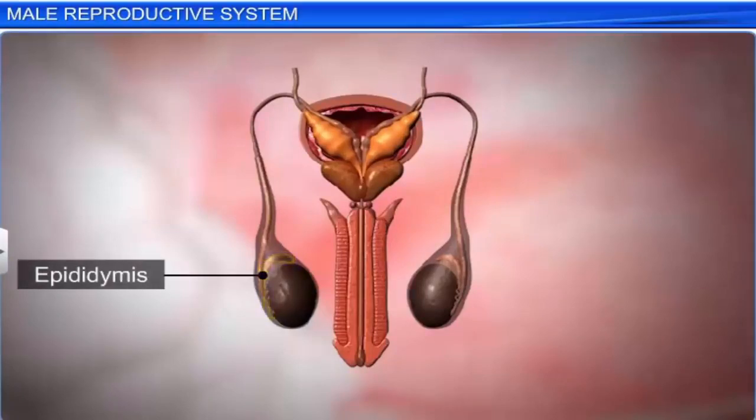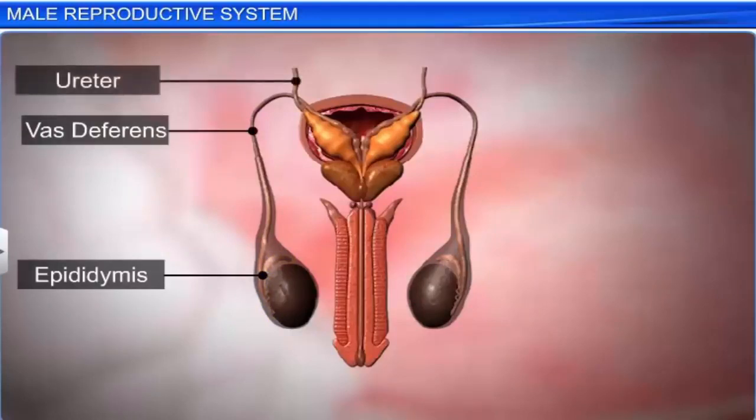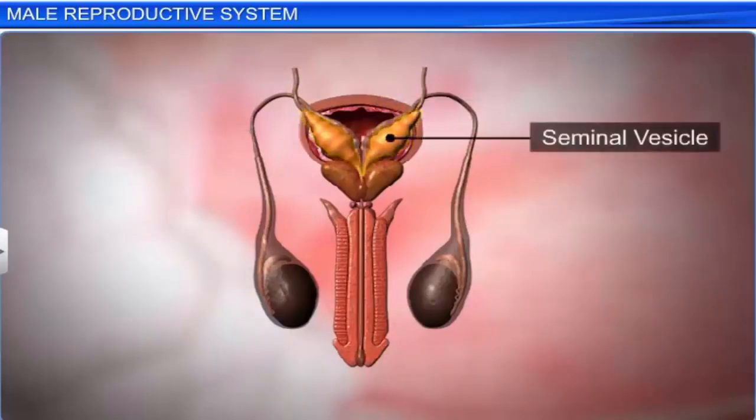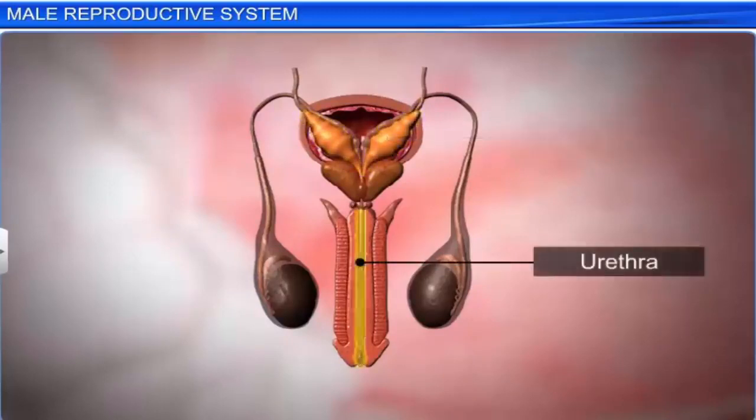The epididymis leads to the vas deferens, which ascends into the abdomen, curves around the ureter, and loops over the urinary bladder. It extends backwards and receives the duct from the seminal vesicle and finally opens into the urethra as an ejaculatory duct.